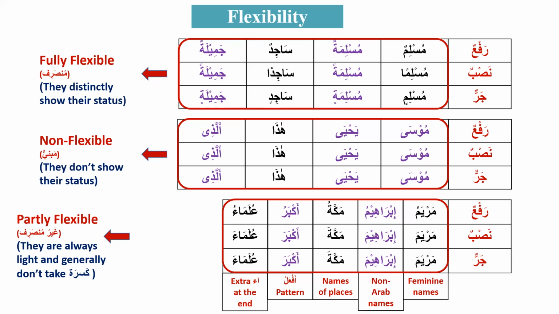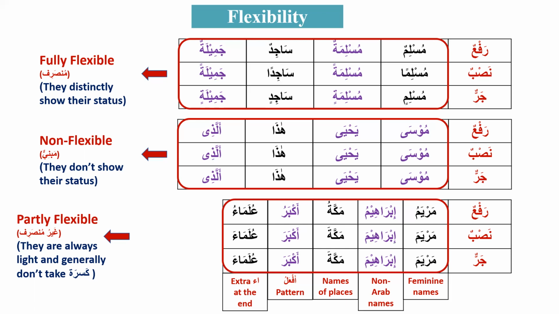We have already learned fully flexible and non-flexible, but why are we learning about partly flexible? The status, for example, Muslimun and Musliman and Muslimin, and how it is used in a verse or sentence. Okay, so just to give them a hint, that removes a little bit of their confusion about why we are learning this.